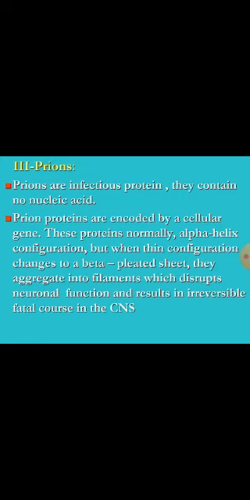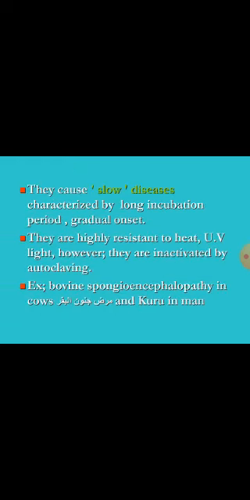These proteins are normally present in the body in alpha helix configuration, but when they change their configuration to beta helix, they aggregate to form filaments which disrupt the neuronal function and result in an irreversible fatal course in the CNS. These changes take a long time, with gradual onset and long incubation period, so prion diseases are called slow diseases. It may take over 10 years.